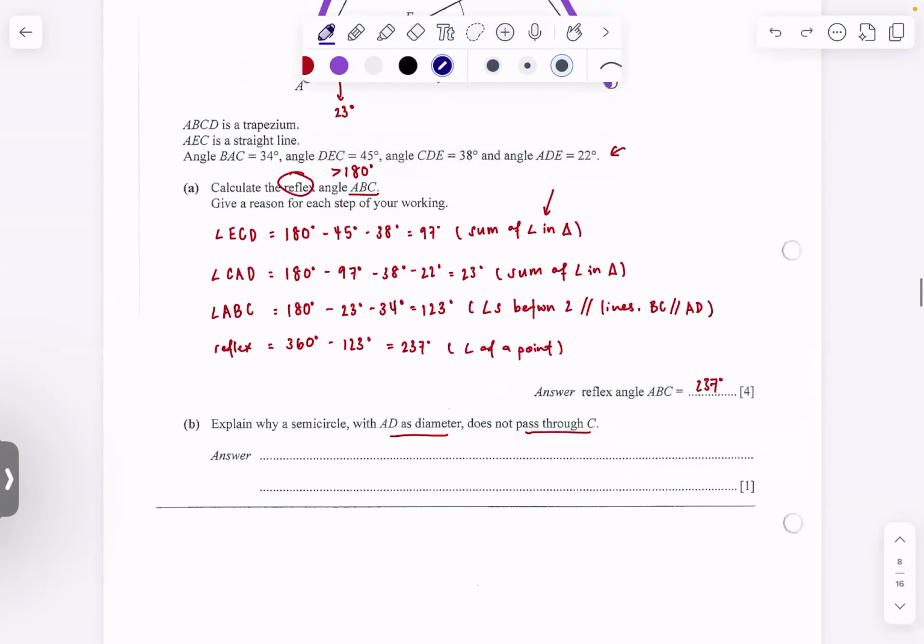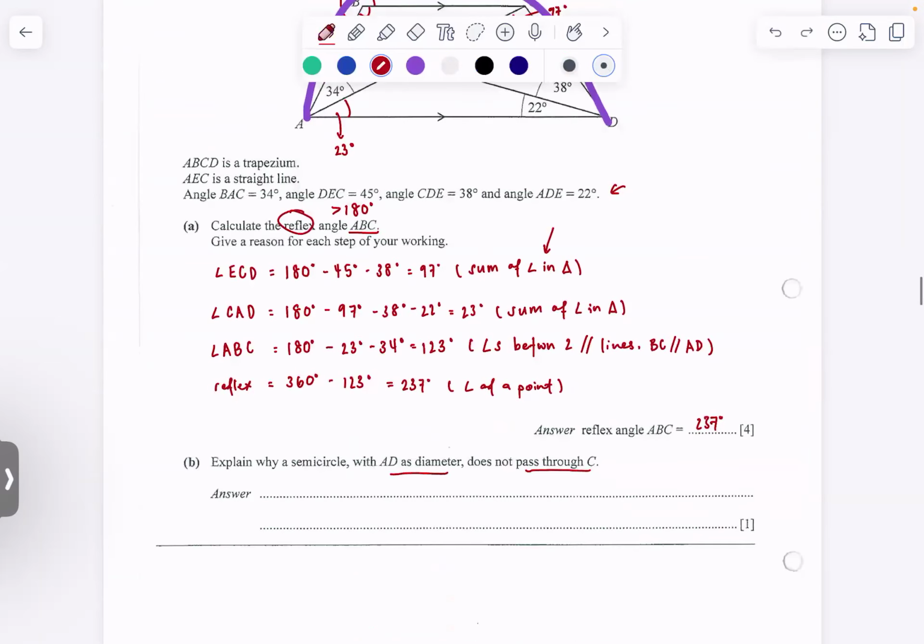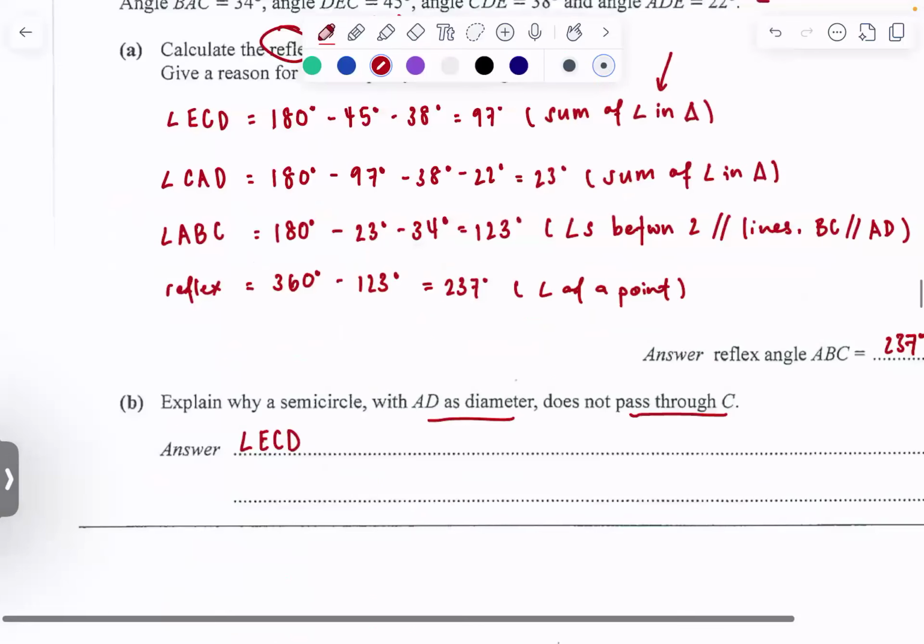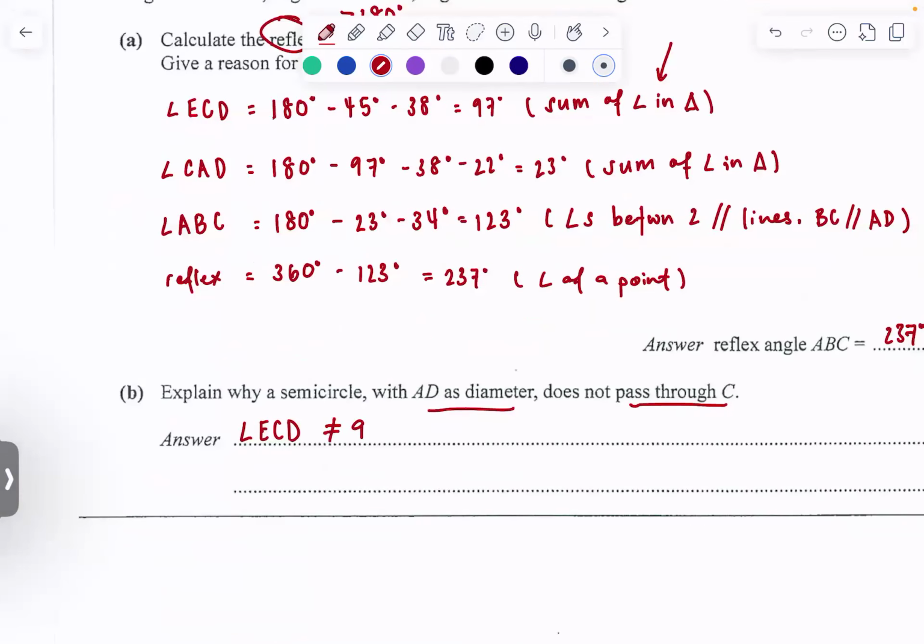So with that reasoning in mind, you can say, why? Because angle ECD is not equal to 90 degrees, right?